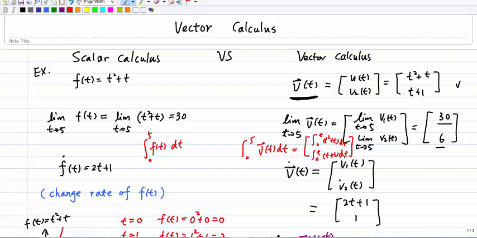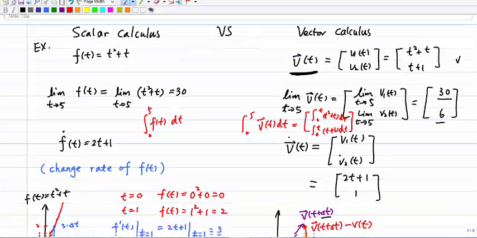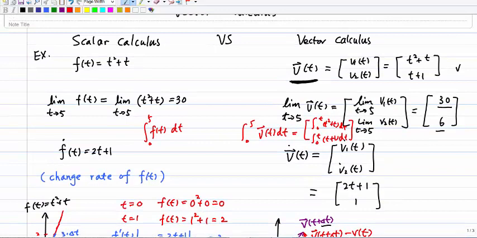All right, let's talk a little bit about the gradient as a derivative, because the derivative is a little bit more useful in many applications, although integration can also be very useful. The derivative of the scalar function has a physical meaning, which is the change rate of f(t) with respect to the variable t.